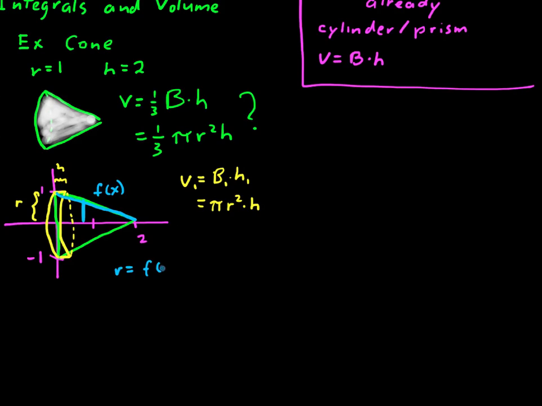It equals the y value. Notice it is the distance from 0 up to this function. It will actually equal f of x. And the height here is actually going to be some sort of delta x.